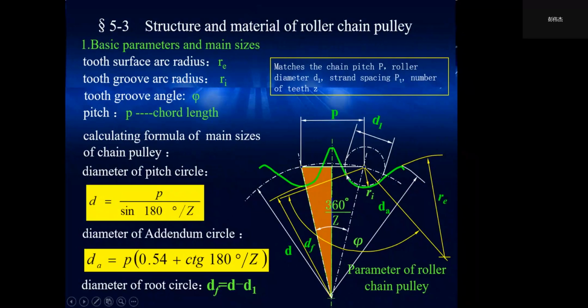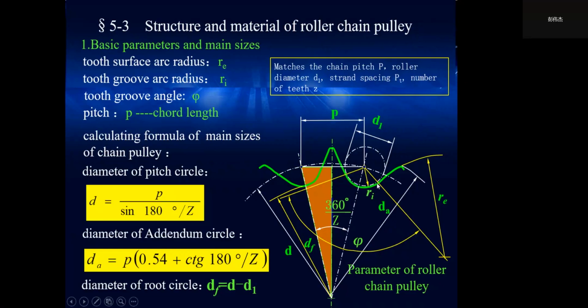This is the contact arc. And from the center of the roller, there and there, we can obtain the tooth groove angle phi. This angle corresponds to the length of the contact arc.